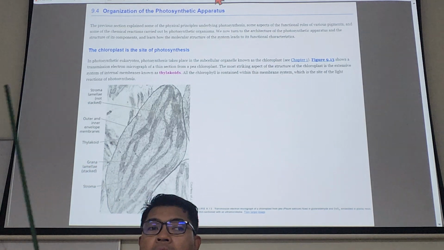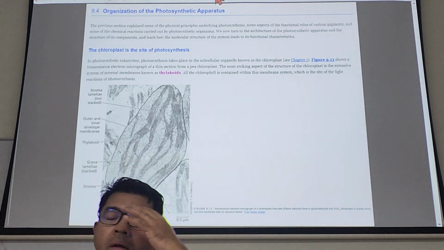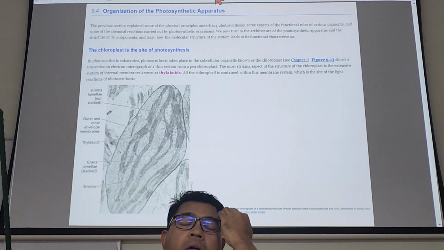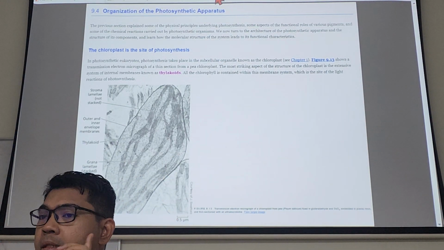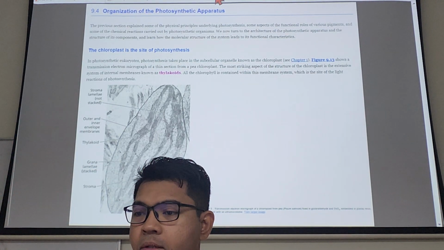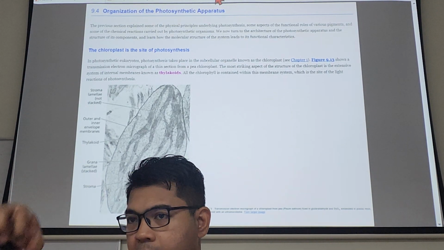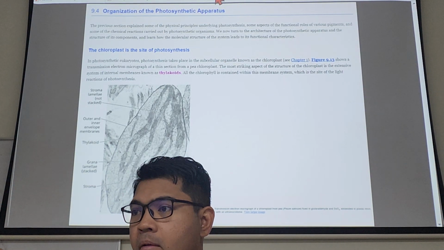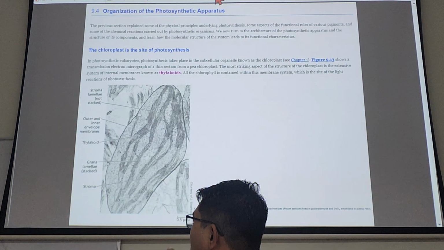There are nucleus, vacuoles, mitochondria, and so on. We are interested with a type of plastid. There is a group of organelles collectively called plastid.